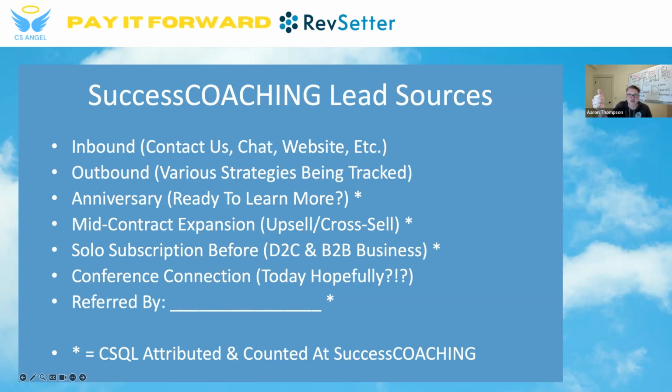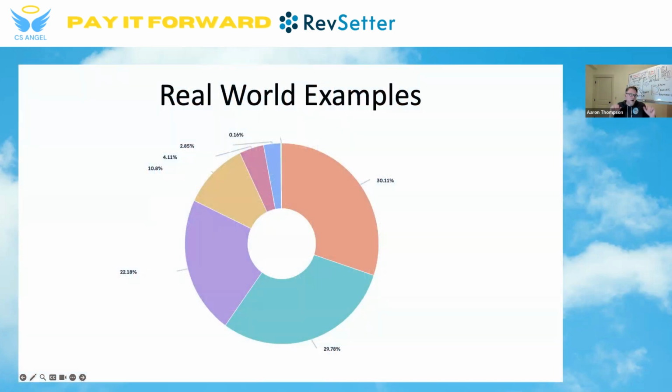If they're going to expand mid-contract, customer success is doing something right. If they were a solo subscription before, they had a pleasant enough experience that they wanted to bring the whole team on, customer success had something to do with that. And if they go and refer us, that's that advocate referral revenue. That's the holy grail, if you will.